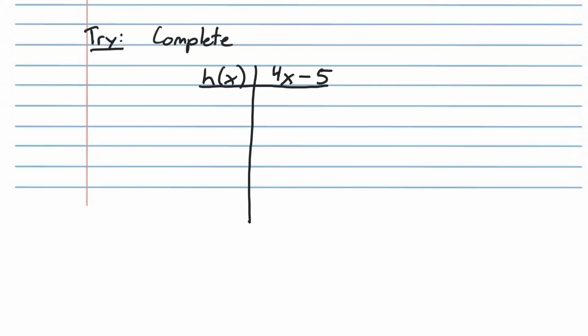And the inputs that I want to know are 2, 3, 4, and 5. Now notice again, those inputs are in order, so you probably will see a pattern. Okay, go ahead and pause the video at this point. Try it out, and then when you're ready, go ahead and press play again to check your answer.